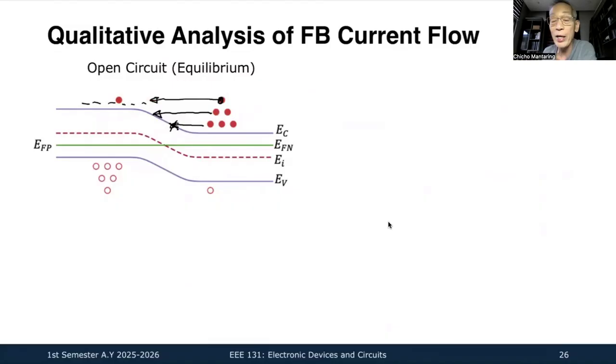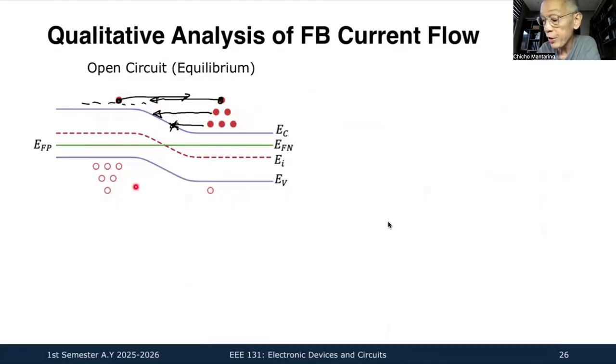Of course, it will not really have a chance to accelerate that much because of scattering. But this electron will also be able to move this way. In this illustration, you have one electron that can move to the right and one electron that can move to the left. They cancel each other out.